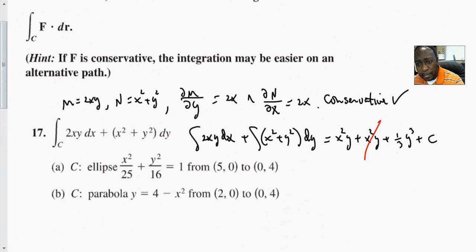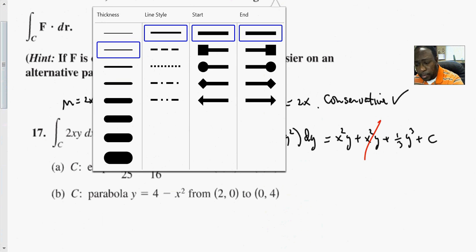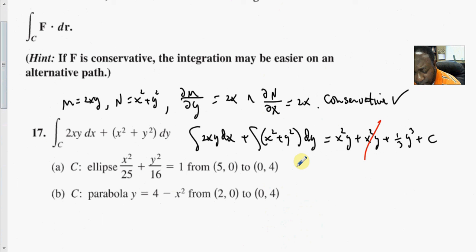Delete this guy, and so we keep everything else. So our potential function, little f of x y, is equal to x squared y plus 1/3 y to the third.